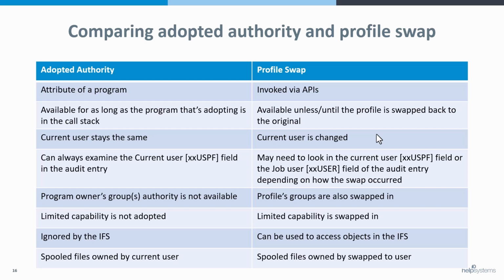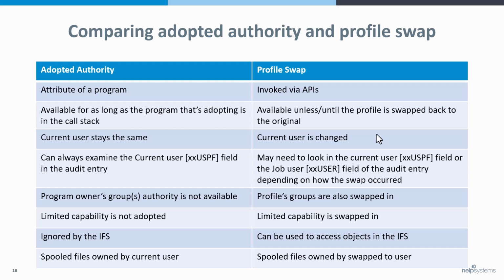When looking at the audit journal, you can always examine the USPF field in the entries. That's going to be the user that was executing the function. It may appear with adopted authority that that user shouldn't have had authority to do that. So you'll have to also examine the program fields.